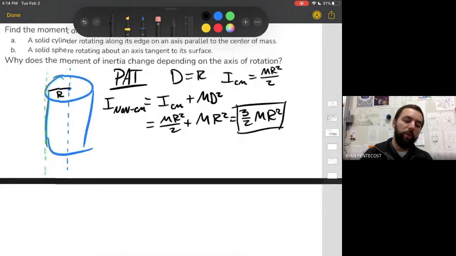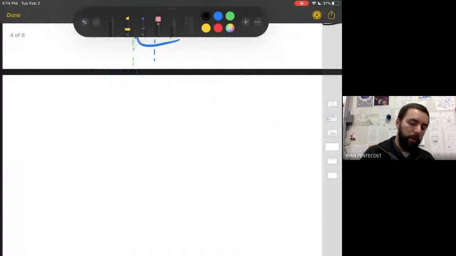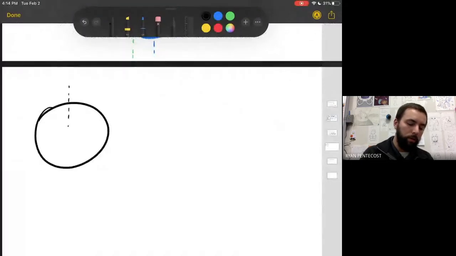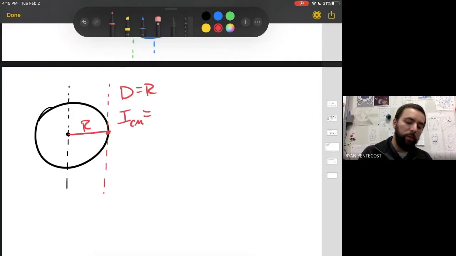Now we have a solid sphere rotating about an axis tangent to its surface. So we have a sphere. The original axis was through the center of mass. Now it is tangent to the surface, and again, that is a distance r, right? So distance is going to be radius. Our moment of inertia from the center of mass for this is 2/5 mr squared.